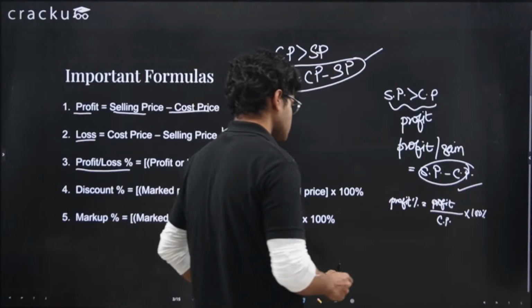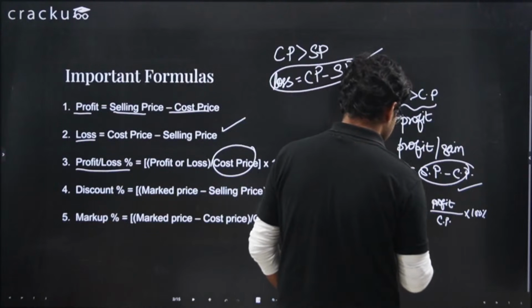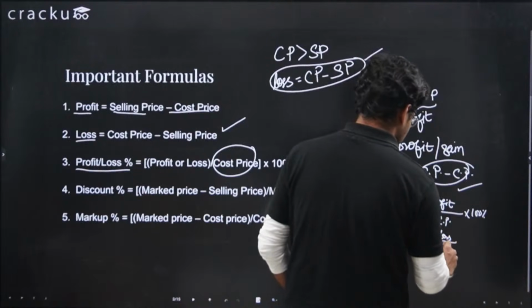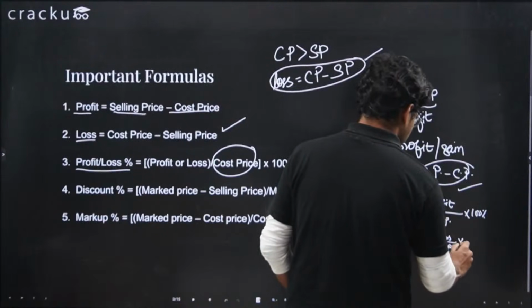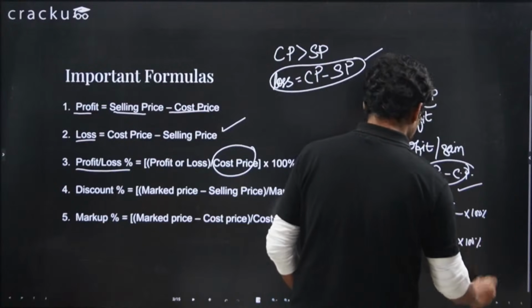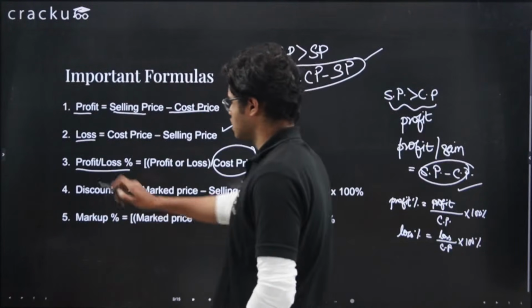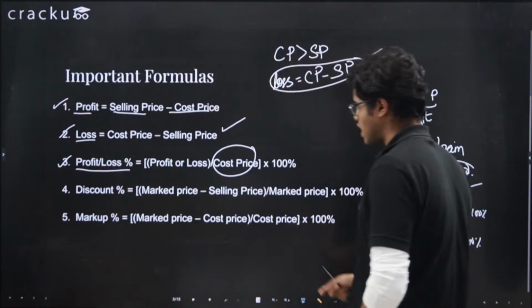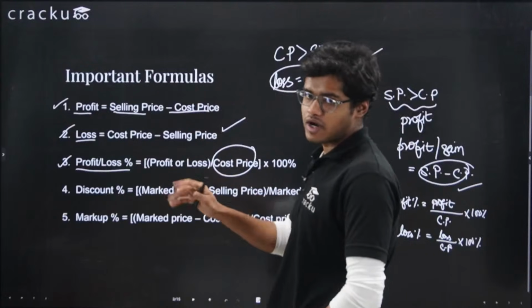Similarly, loss percentage I can write as the amount of loss upon cost price into 100%. This is the third formula. These things will be required to solve questions, so kindly remember the formulas, guys.